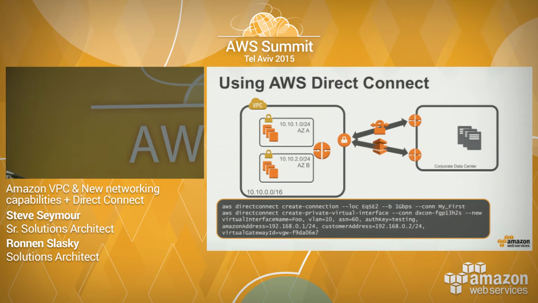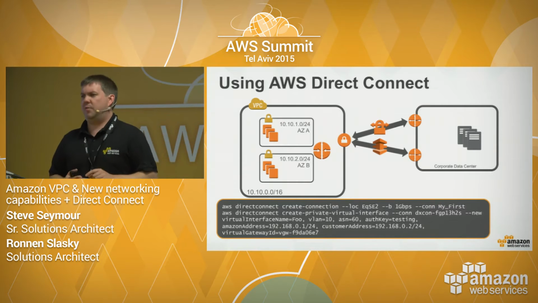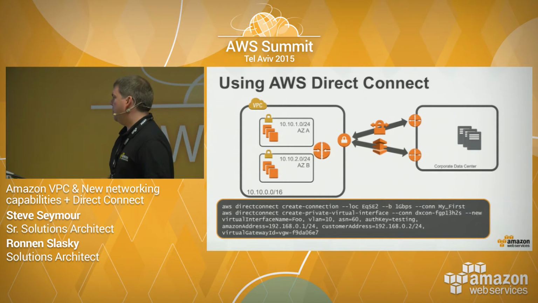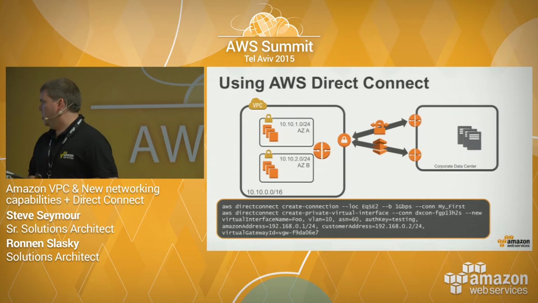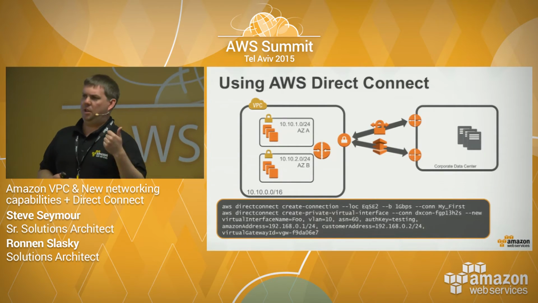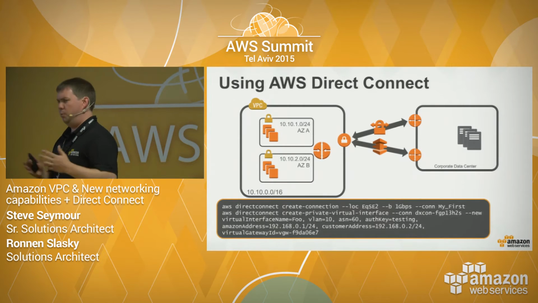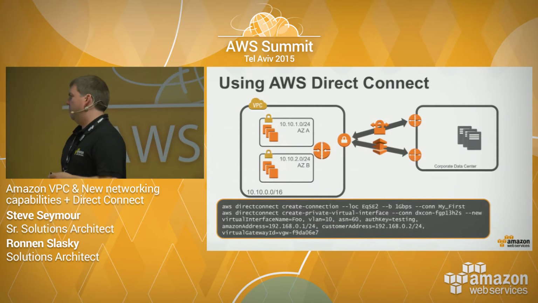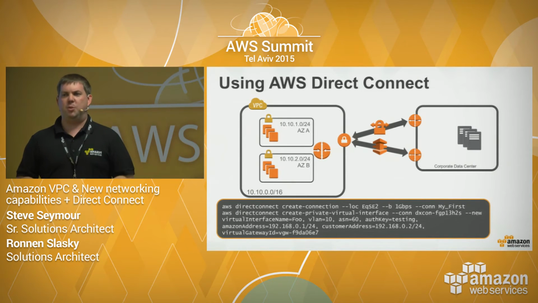So our second request here is to create a private virtual interface. We're going to specify the connection that we requested in the first step. We're then going to say that we actually want to specify the VLAN ID, the BGP AS number, the BGP authentication key. These are all standard BGP parameters. Finally, the IP address for each end of this BGP session.